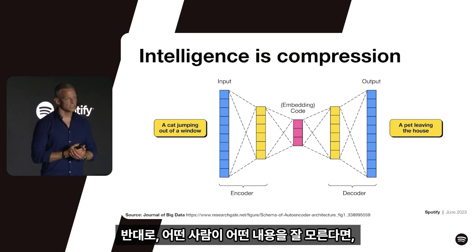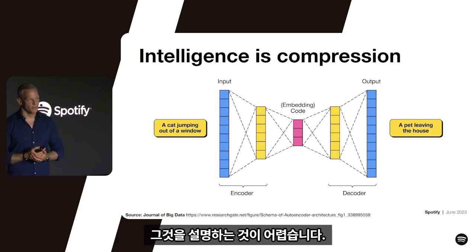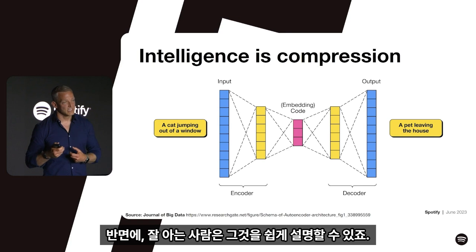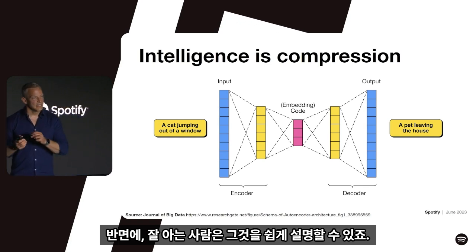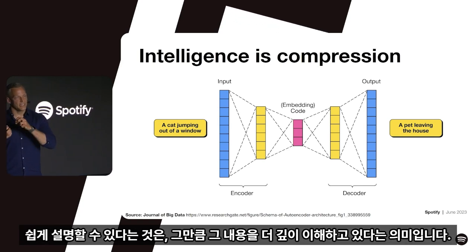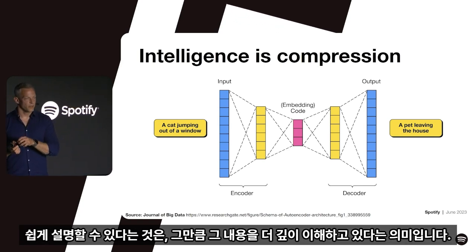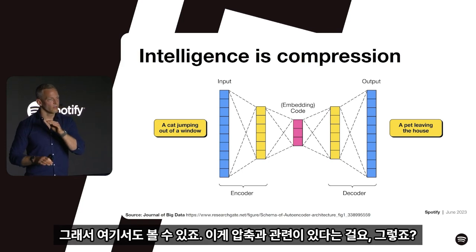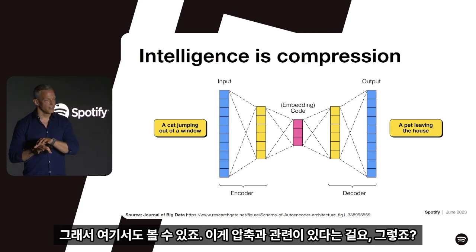Whereas if you speak to someone who doesn't know something very well, it's hard for them to explain it. So the person that knows something well can explain something in a simple way. That usually means that if they can explain it in a simple way, they understand it better than if they can't. So already there, you can see that there's something around compression, right?